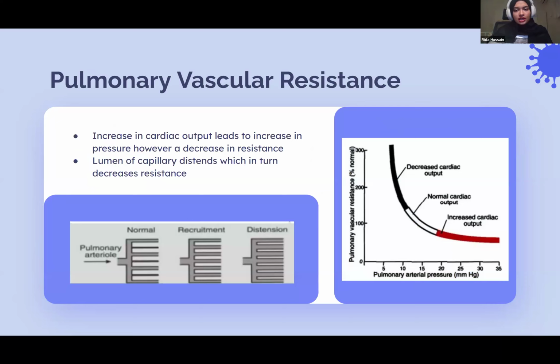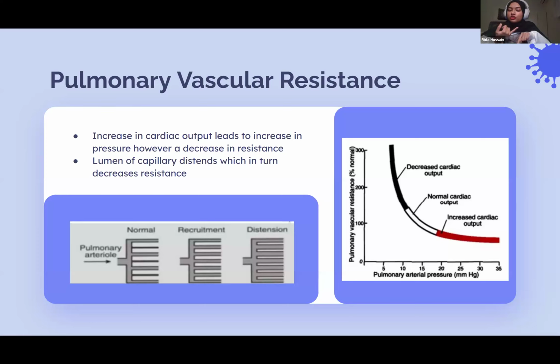Moving on, the only concept over here, we already covered it through the exercise part, right? The recruitment and distension. The only new point over here is that as pulmonary arterial pressure increases, the pulmonary vascular resistance decreases. Why is that so? Pulmonary artery pressure increases because the blood volume increases, right?